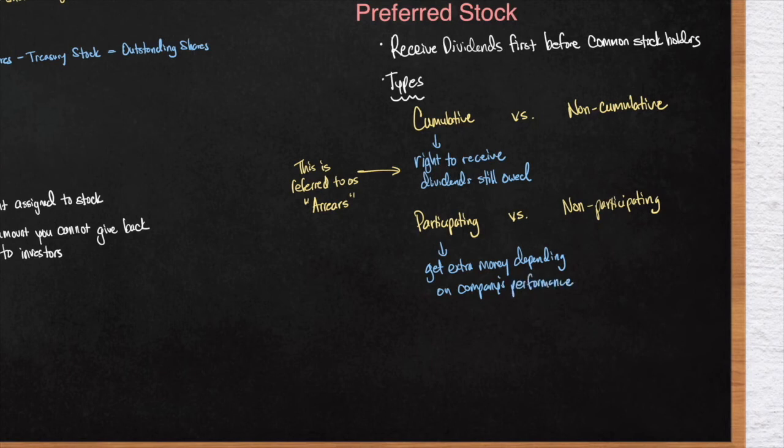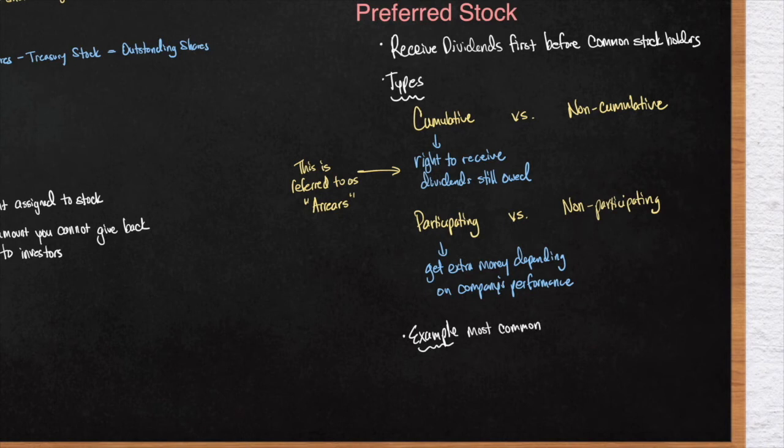In essence, if you're the participating preferred stock shareholder, you get an extra return on your investment. These days, companies don't really issue a lot of participating preferred stock because, again, it's dependent on the company's performance.